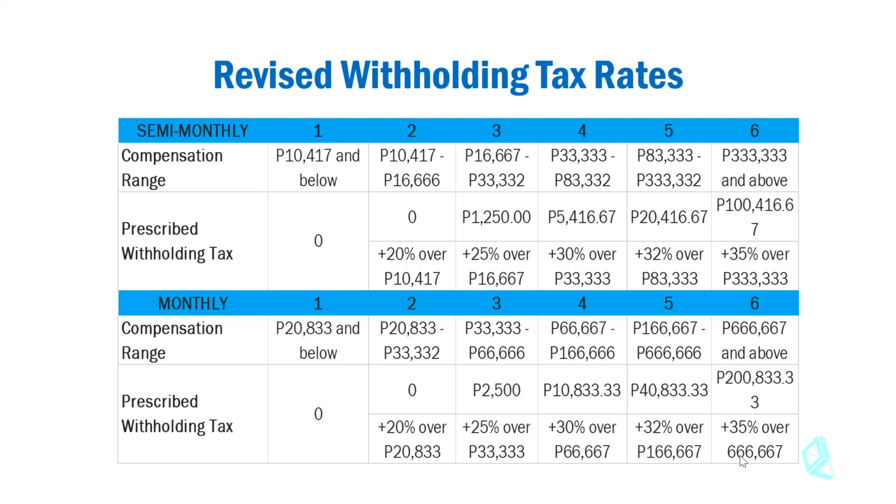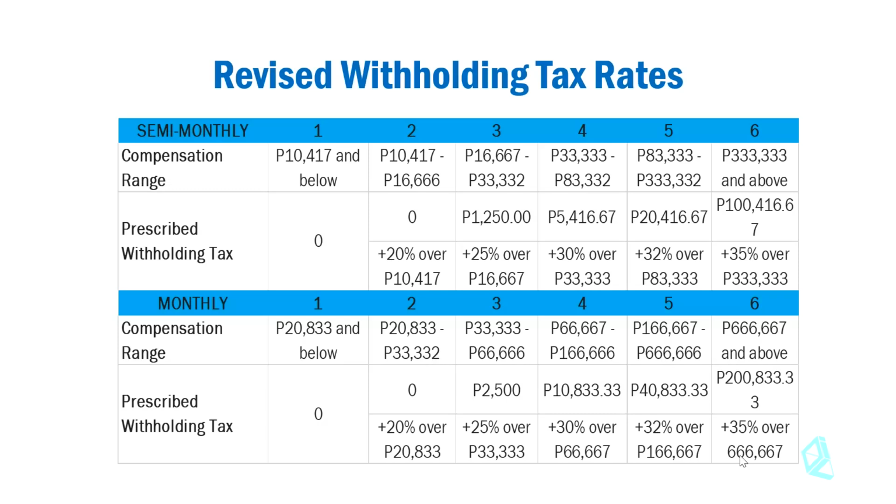So your compensation range is where you first look for the range where your employee's, in this case Mr. IOL's, income would fall. So 20,833, nope. So between 20,833 and 33,000, that's where Mr. IOL's net taxable income would fall.